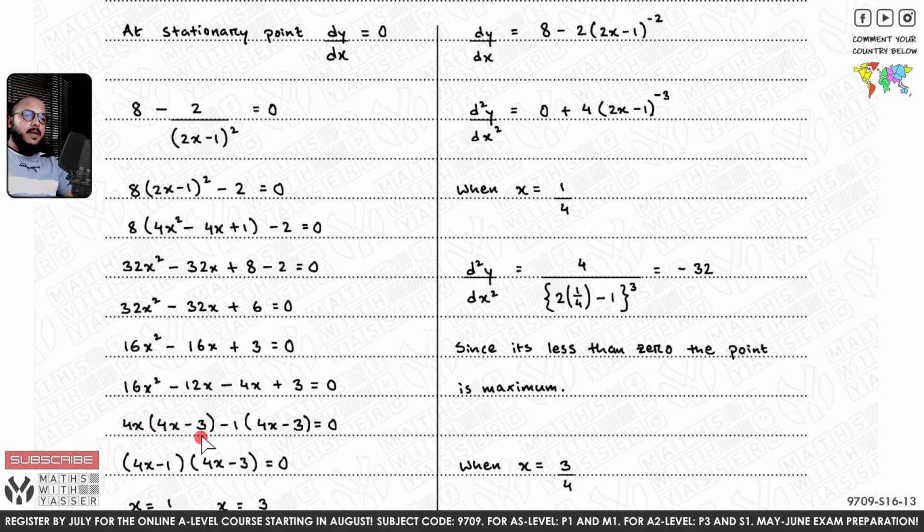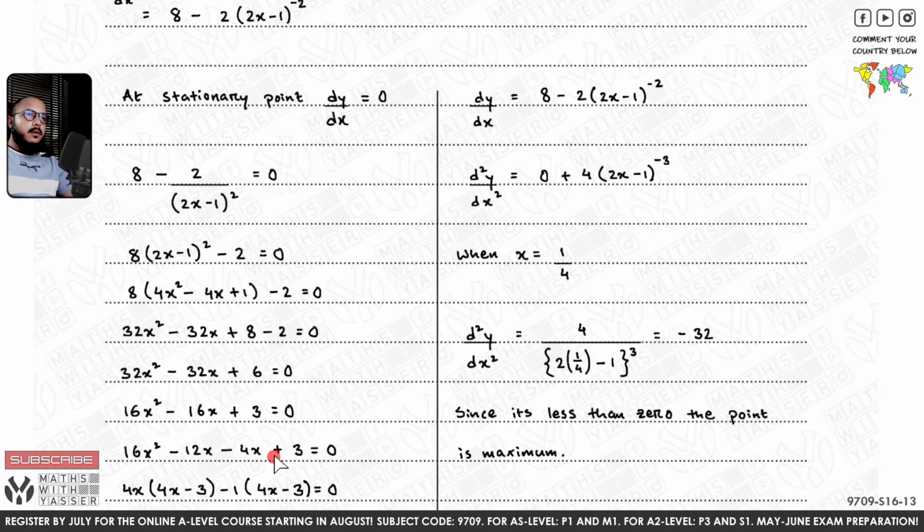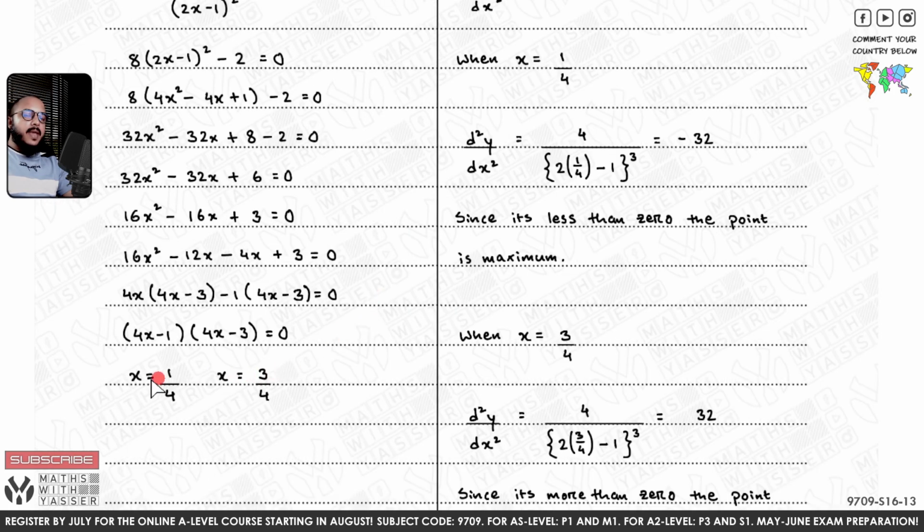That gives us 4x - 3, and then if we take -1 common, we get 4x - 3 again. So the factors are (4x - 1) and (4x - 3) = 0. Therefore, x must be 1/4 and x must be 3/4. Now, these are the two x values at which the stationary point occurs.